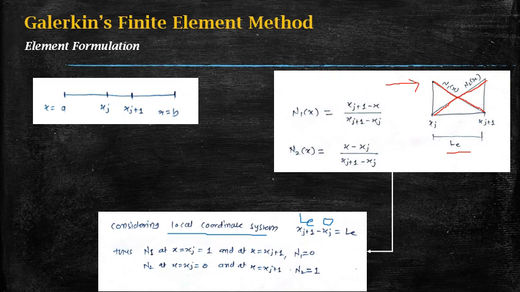So clearly you can verify that N1 at xj is equal to 1, and at xj plus 1 N1 is equal to 0. Similarly, N2 at xj is equal to 0, and at xj plus 1 N2 is equal to 1. In other words, interpolation function N1 at local node 1 is unity, and at the other node it is 0, and interpolation function N2 at local node 2 is unity, and at the other node it is 0.